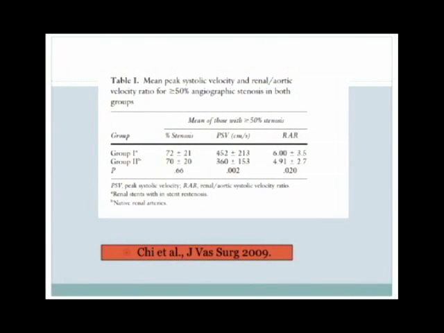What they found is that in group 1, the stented group, the mean peak systolic velocity was 450, compared to group 2, which had no stent, where the mean systolic velocity was about 360. There was also a difference in the renal aortic ratios: about 6 in the stented group and about 4.9 in the non-stented group.